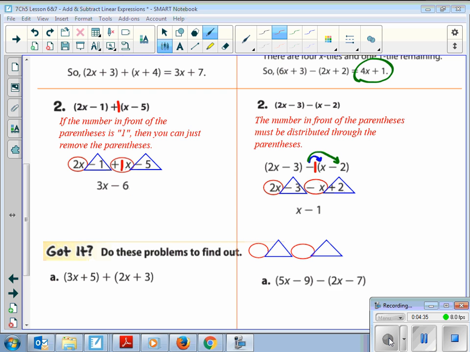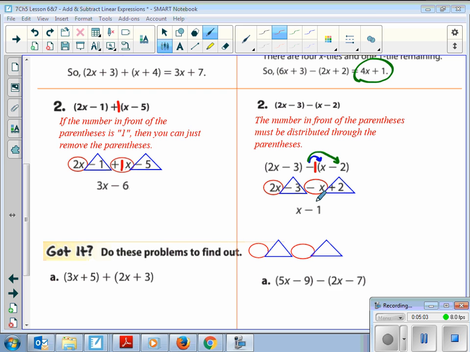Now for subtraction, it's a little different. We still have a 1 in front of the parentheses, but this time, what kind of 1 is it? It's a negative 1. So here, the number in front of the parentheses must be distributed throughout the parentheses. So here, we have to use the distributive property to put that negative 1 into the parentheses. So this is going to be a negative 1 times x, which gives me a negative x.